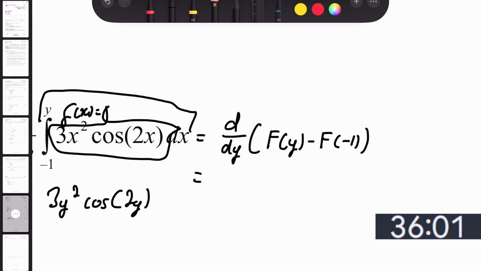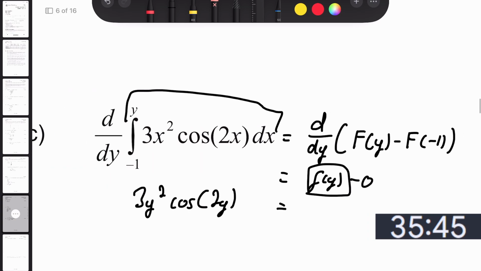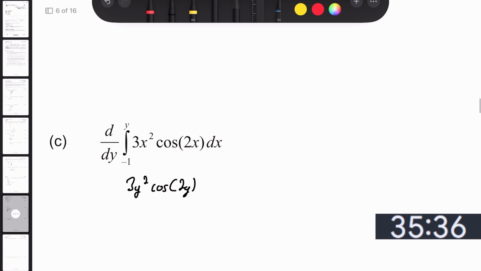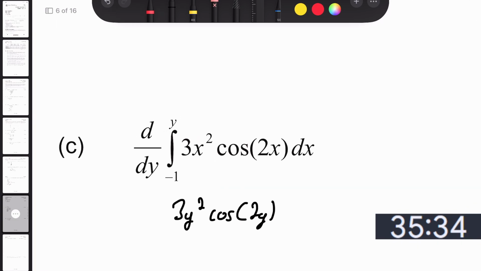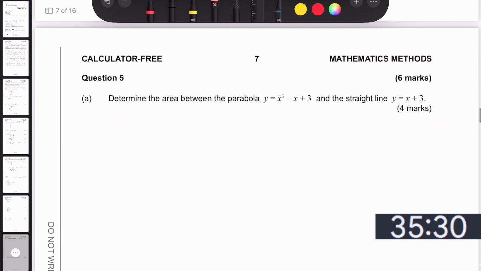But when you differentiate with respect to y, big F of -1 is a constant, so that becomes 0. So all we're left with is f of y minus 0, so we're left with f of y. All we have to do is sub in y wherever x is, and that will be our answer. So that should be it. It's not like there's a negative or a y squared or anything.